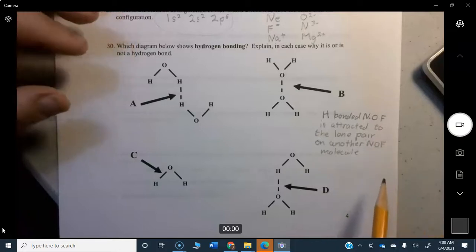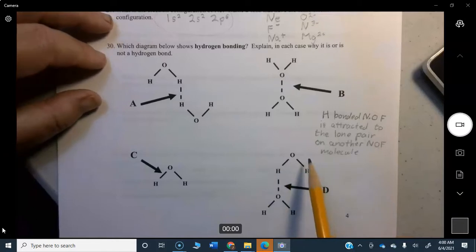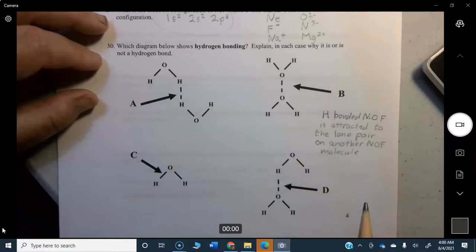So it has to be a hydrogen being attracted to another nitrogen, oxygen, or fluorine.